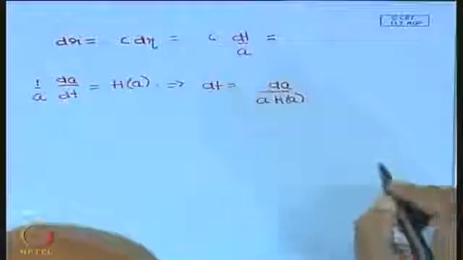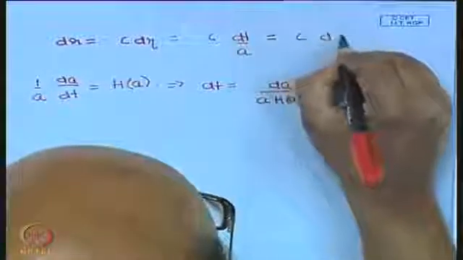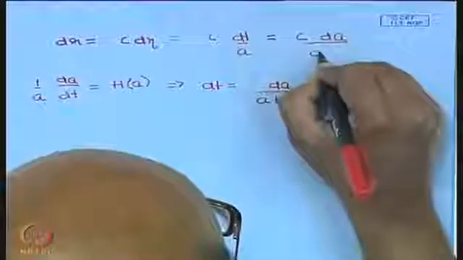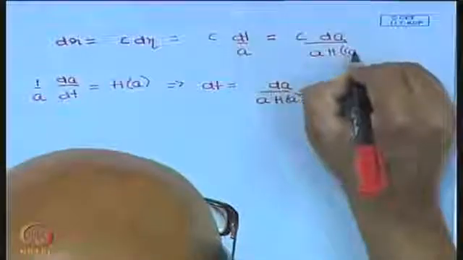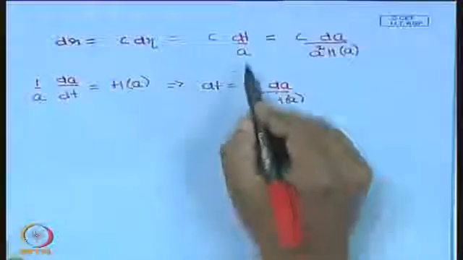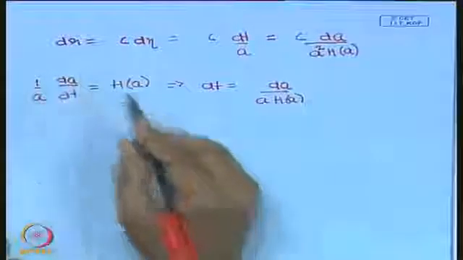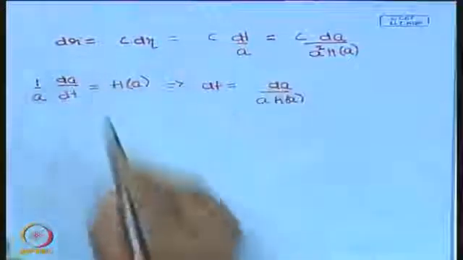So what we have is that this is equal to c da by a squared h of a, because there is a 1 by a coming from here and there is already a 1 by a there. Now you can integrate this.